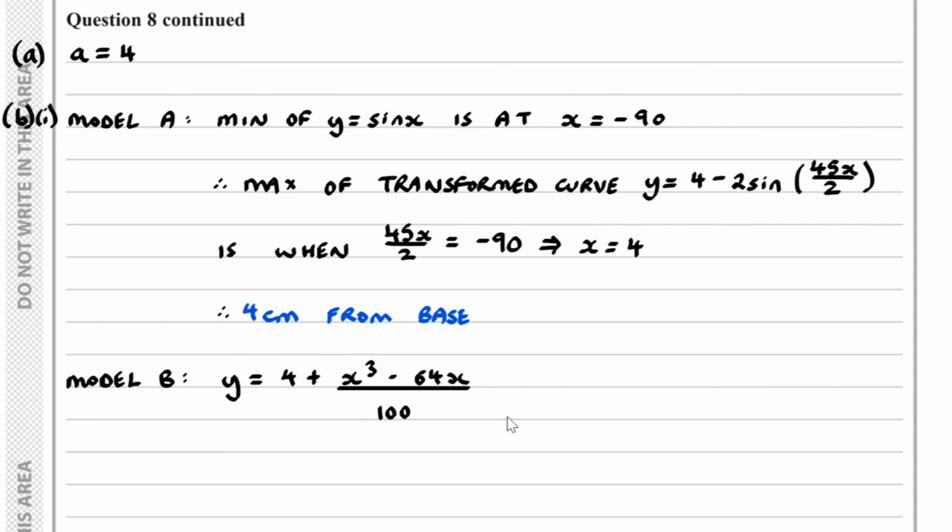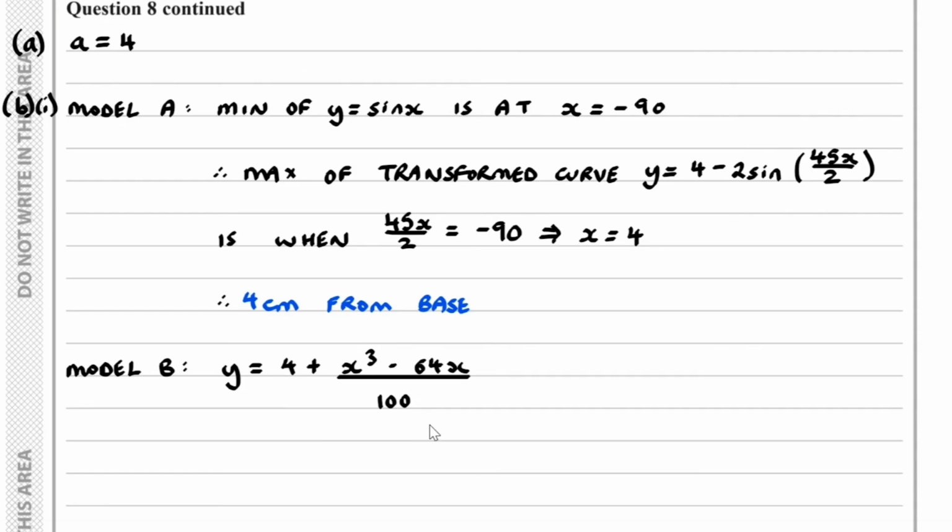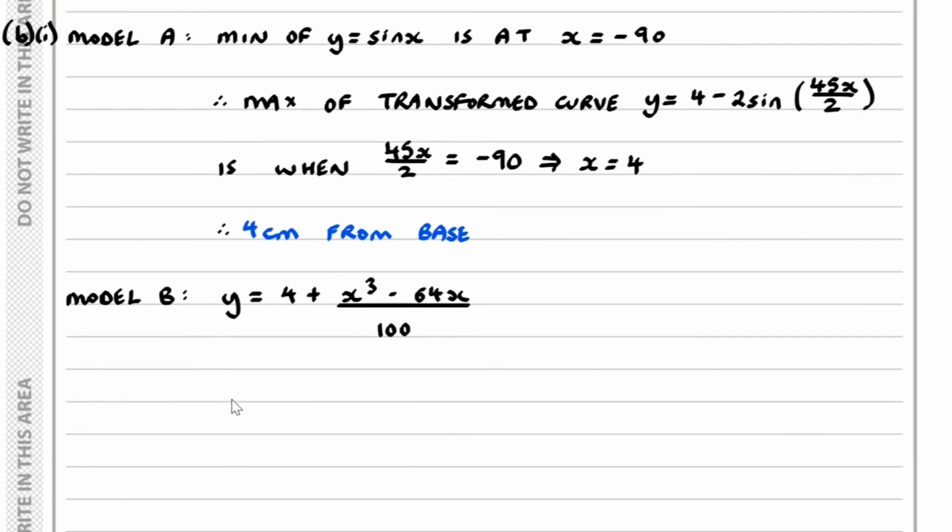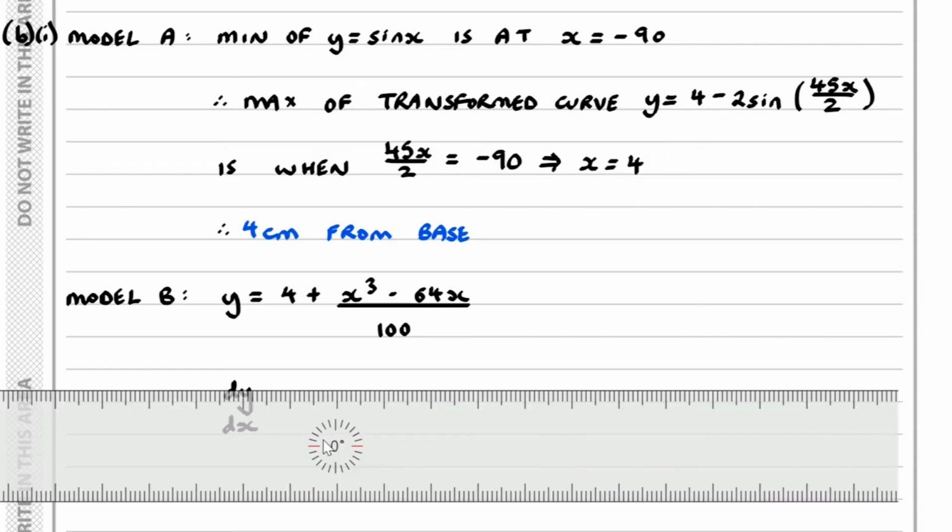And to find out where the maximum occurs, I first of all need to differentiate this. So if I differentiate this curve, let's find out what dy over dx is.